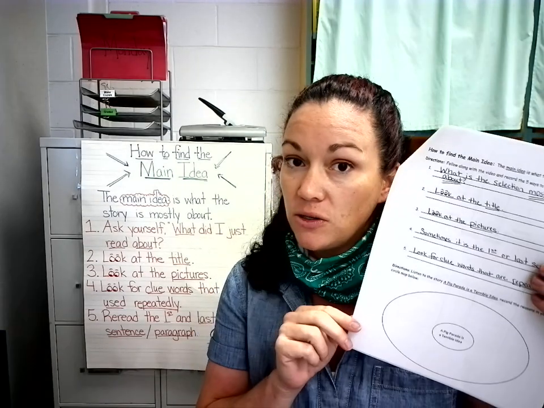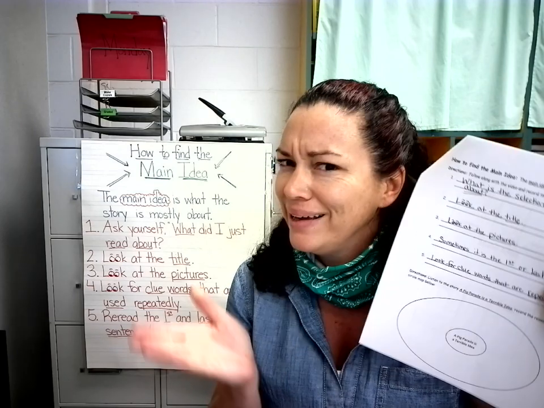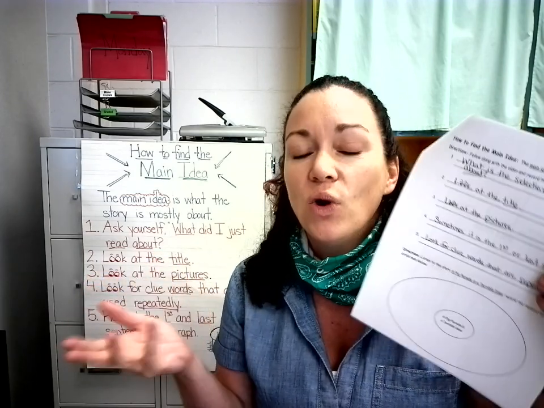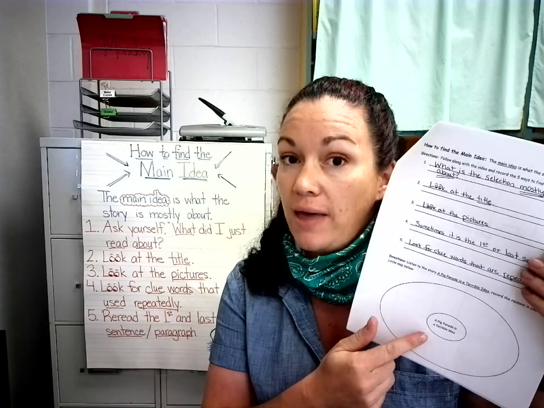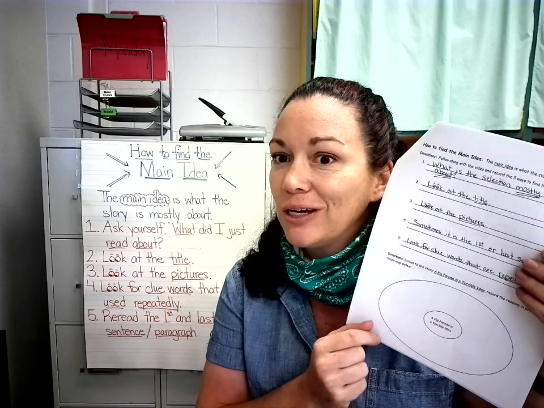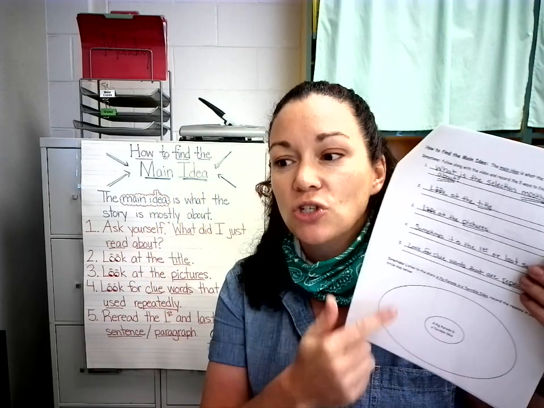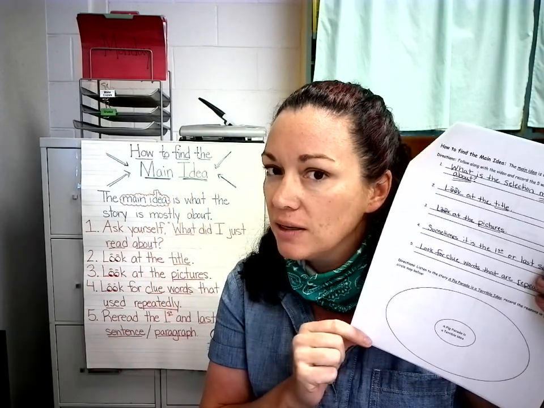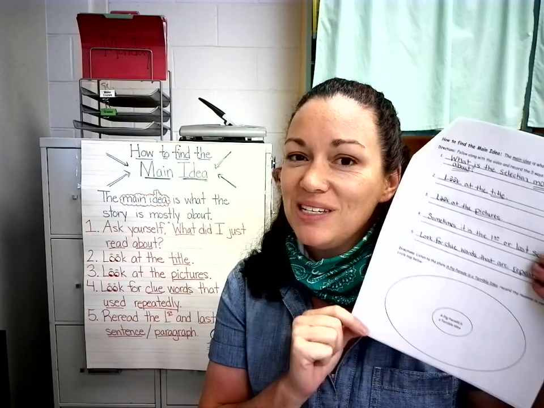Your job, listeners, is to ask yourself, why is a pig parade a terrible idea? You're listening for the reasons that are going to support that. I'm going to go ahead and clue you in: there are 5 reasons in this book. I want you to try to fill in as many as you can in your circle map while you're listening to me read it to you today.